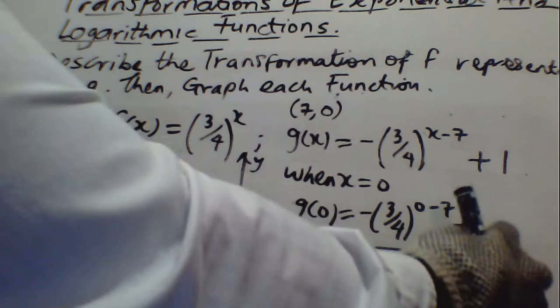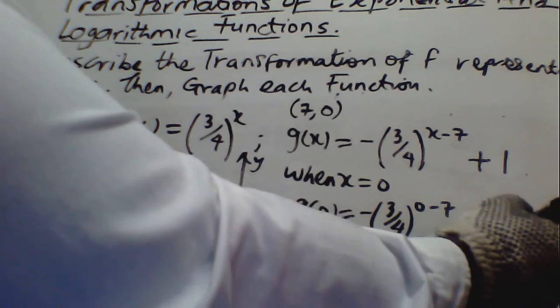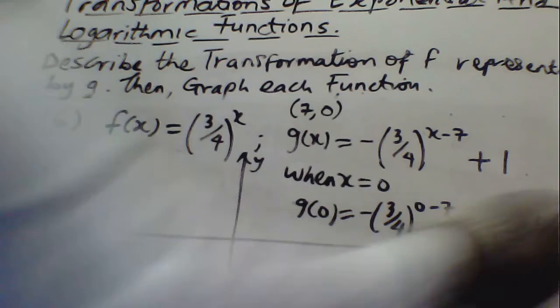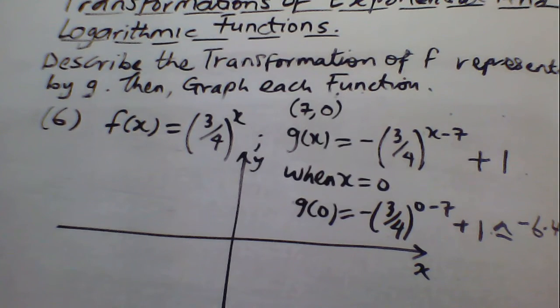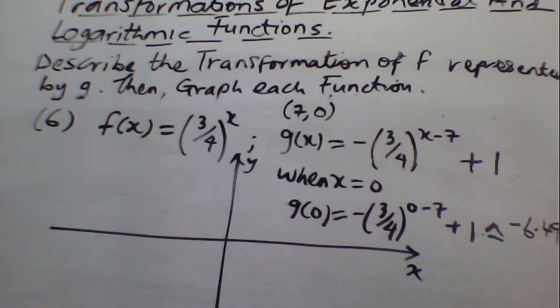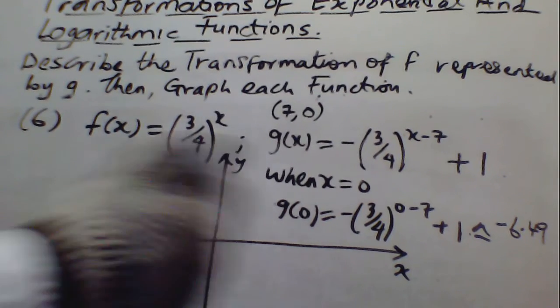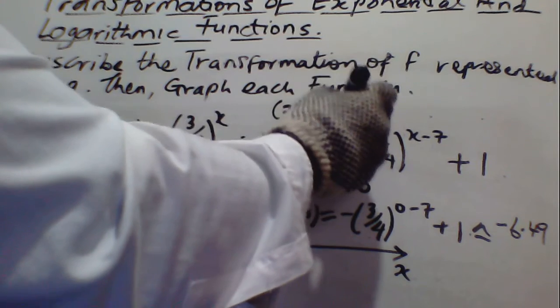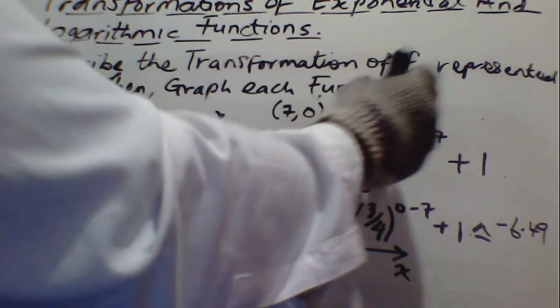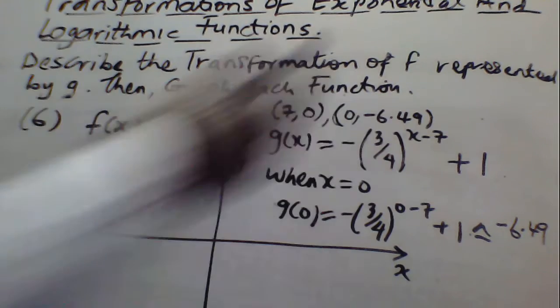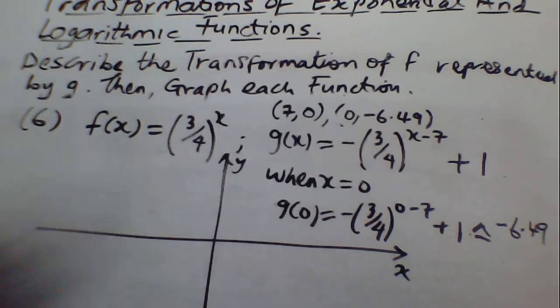This is approximately negative 6.49, to 2 decimal places. So we have another point, 0 and negative 6.49. This point will enable us to graph the function.